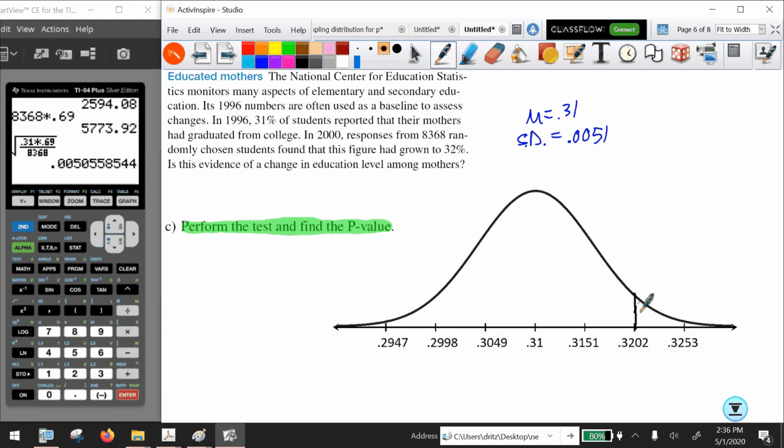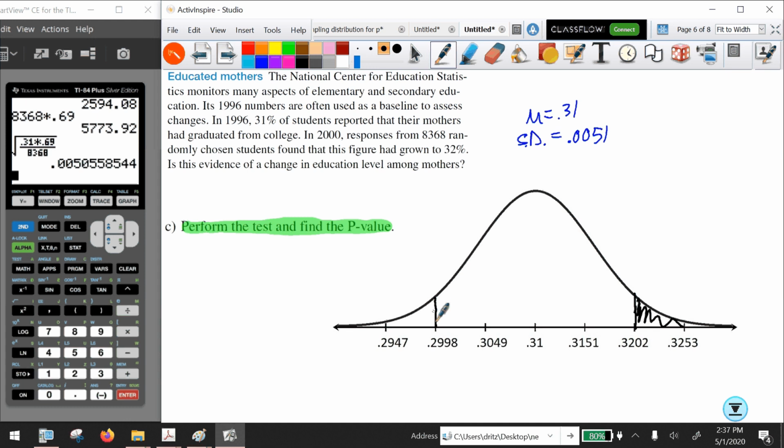And we are interested in how likely it is to obtain a result this rare or perhaps further away from the mean in either direction. The reason we're testing it in either direction is we don't know if we got 32% because there's more people whose mothers graduated from college, or did we just deviate from the mean simply due to random chance?